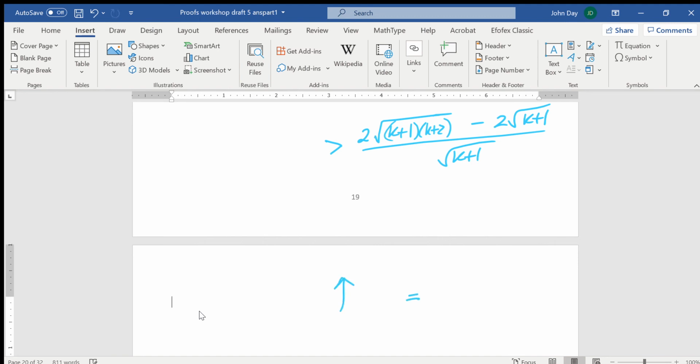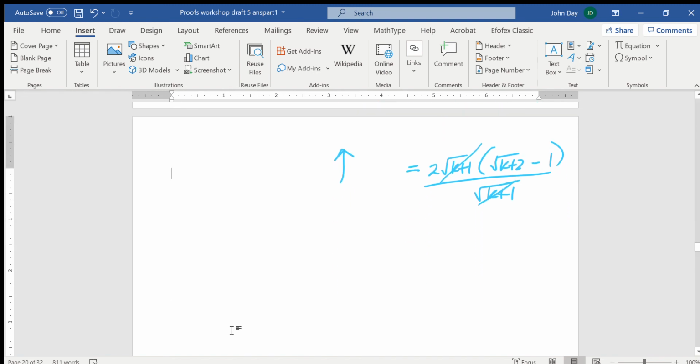And this is 2 root k plus 1 into root k plus 2 minus 1 on root k plus 1. And those root k plus 1s will cancel, and it gives me 2 root k plus 2 minus 1, which is 2 root of k plus 1 plus 1 minus 1.